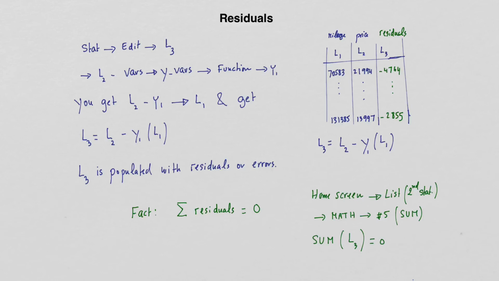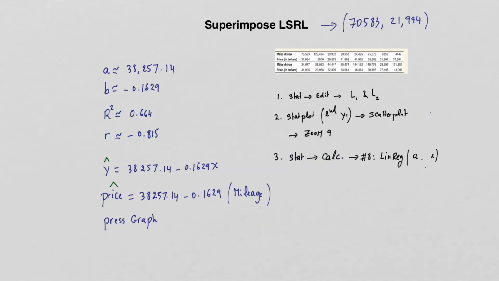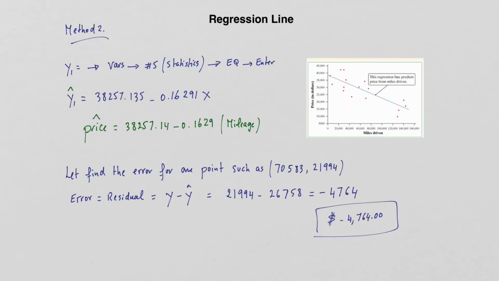So let's reason. The residual is Y minus Y hat. What is Y? Y is just L2, so you write L2. But how am I supposed to say Y hat? Y hat is a function. How am I supposed to say, please enter this here and get a new Y hat?